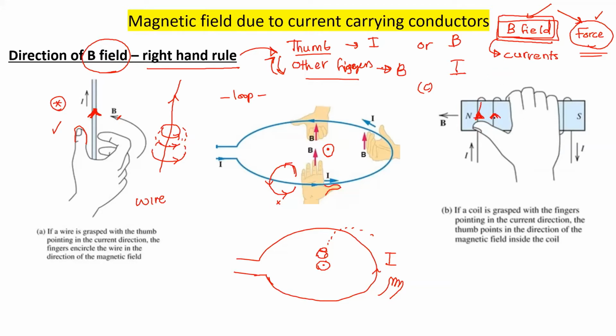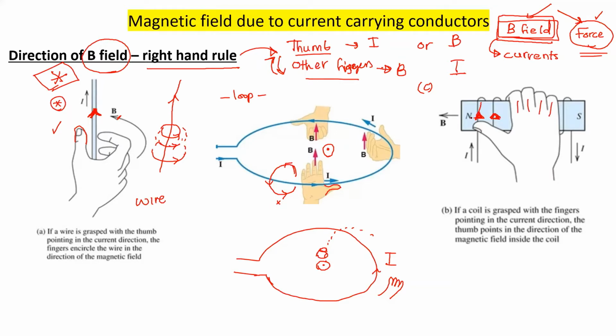So if you are going to use the right hand rule with the thumb on this one, it is going to be very hard. If you keep your thumb around the current, how many loops are there? And how many times will you have to go around the loop? It's not easy. So the easy method is, again, bend your fingers along the current.